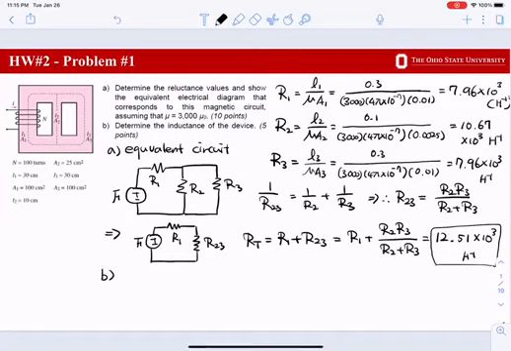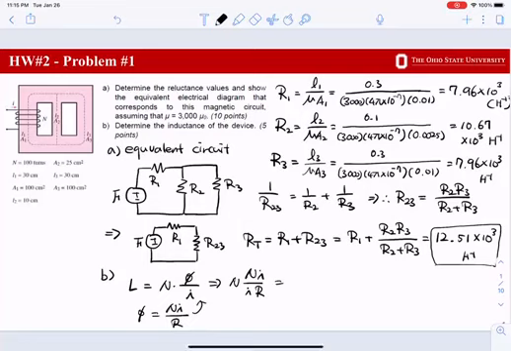So number 1B, inductance. The definition of inductance is N times the flux over current. That is the same as N, the number of turns, times current over current times reluctance, because the flux is Ni over reluctance.